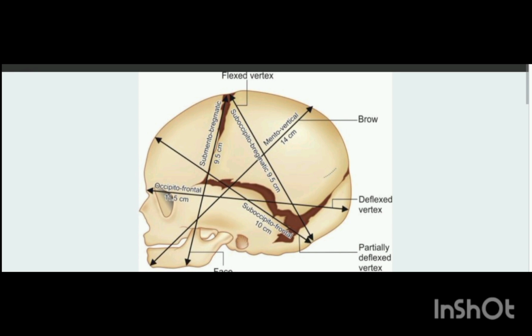This measures about 9.5 to 10 centimeters.